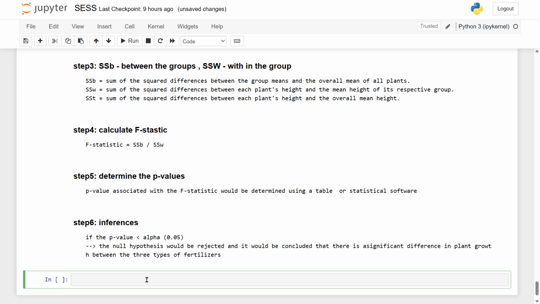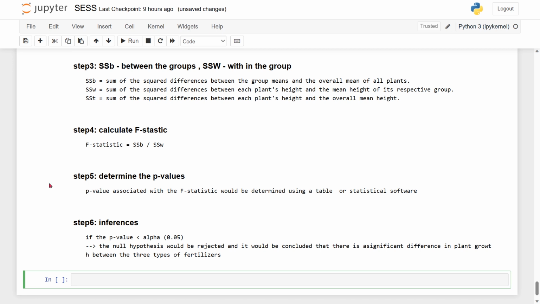If the p-value is greater than alpha, the null hypothesis would not be rejected. We fail to reject the null hypothesis, and it would be concluded that there is not enough evidence to suggest a difference in plant growth between the types of fertilizers.